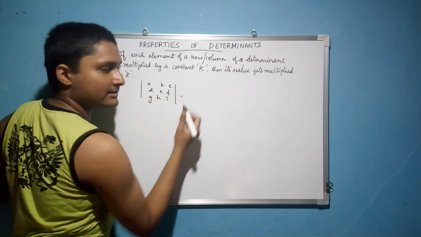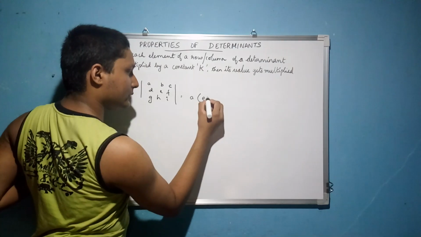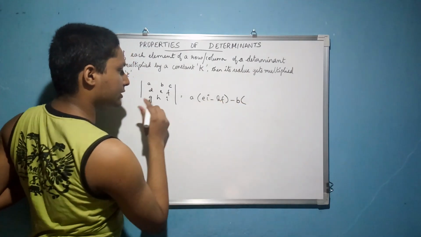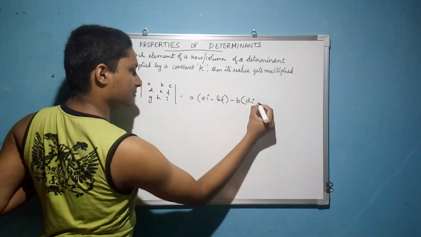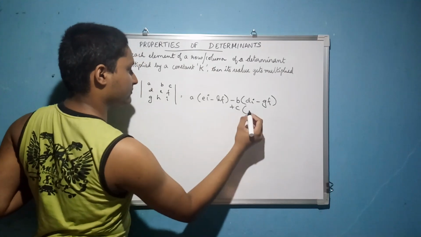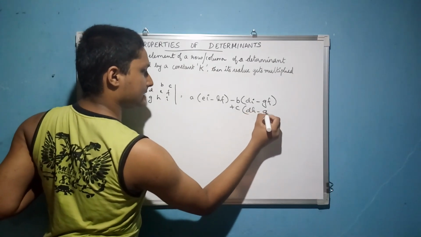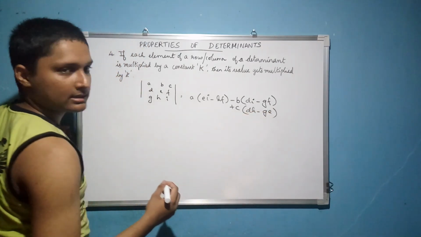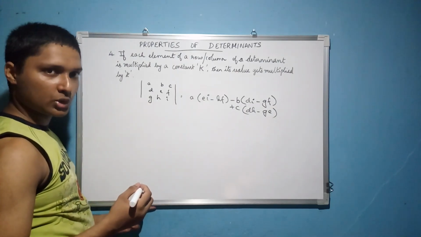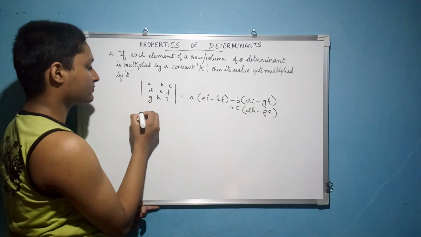Okay, I'll expand this. This is a into ei minus hf, minus b into di minus gf, plus c into dh minus g. Okay, this is all. Now I'll multiply the first row by k.